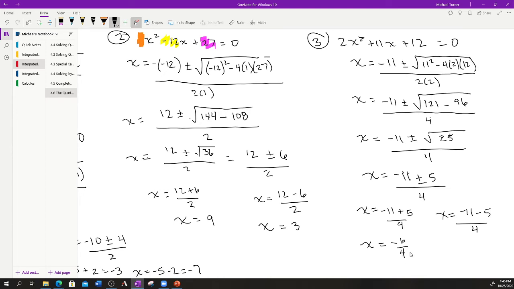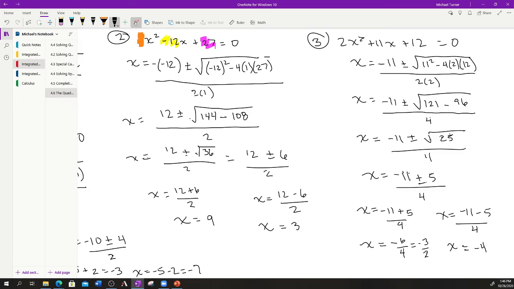For me, I don't care if you want to do decimal, you can, or fraction, whichever is easier. But negative 6 over 4, I'm going to leave it as a fraction, and I'm going to simplify it to negative 3/2. And on the right, negative 11 minus 5 is negative 16 over 4 equals negative 4.